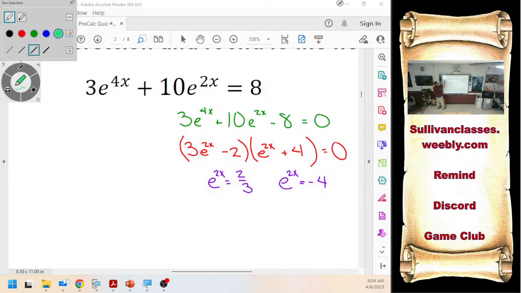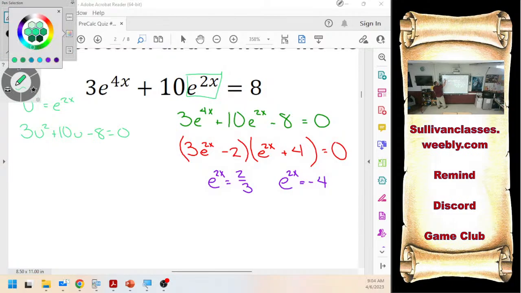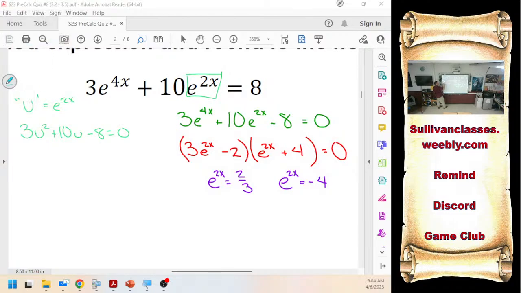Over here, we would have to identify what my middle term is and say u is e^(2x). Replace that with 3u squared plus 10u minus 8 is 0. AC method. I would go 3 times -8 is -24. Factors of -24 that add up to 10 are +12 and -2.